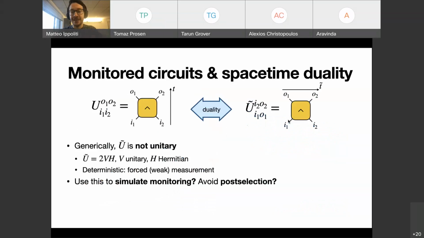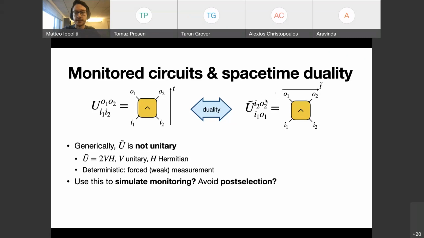Okay, so in more detail, we know that space-time duality microscopically works by taking a certain quantum gate and exchanging space and time, and more in particular exchanging indices of this gate. Instead of considering these two bottom qubits as inputs and these two top qubits as outputs, we can reshuffle our indices and have an effective dual gate whose inputs are on the left and outputs are on the right.